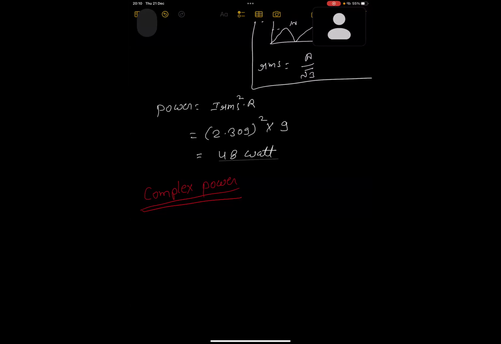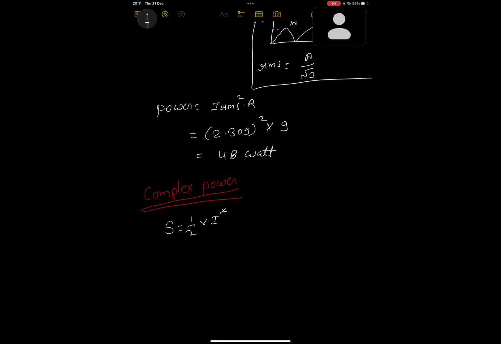Okay. Complex power is represented by the S. Okay, and this is the 1 by 2 of V I conjugate. That's why V minus theta I. That is the concept. Okay.